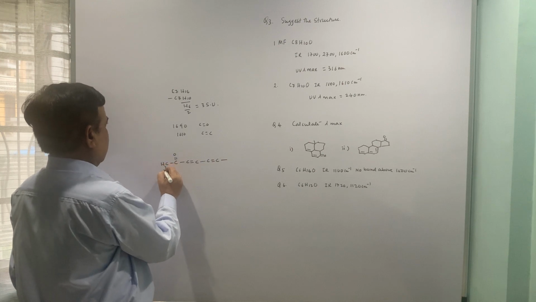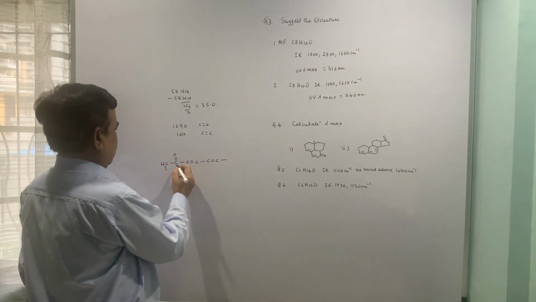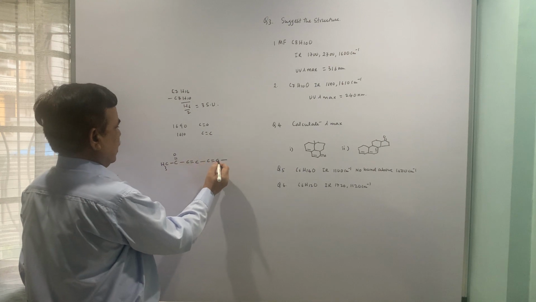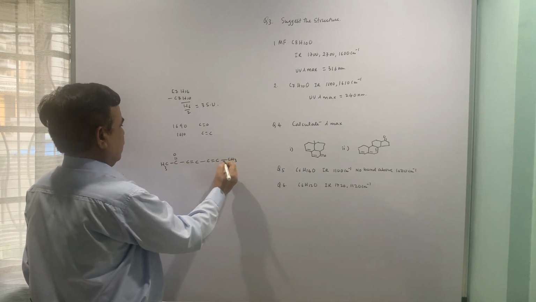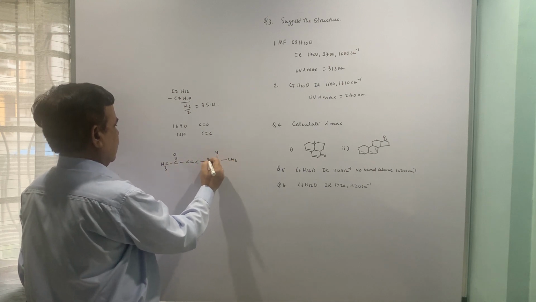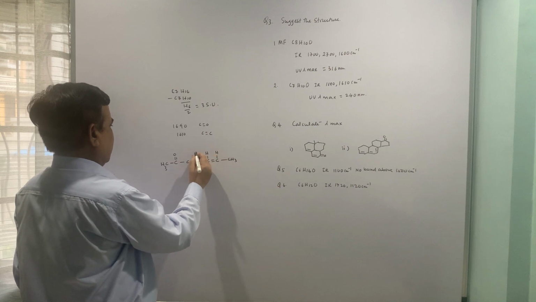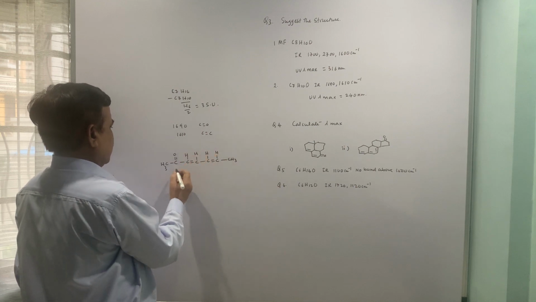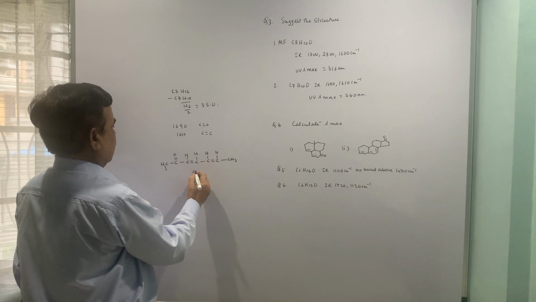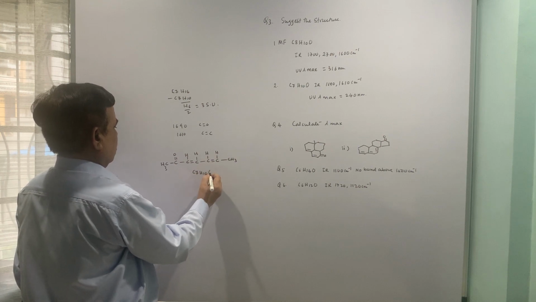Let me put the ketone here. So 1, 2, 3, 4, 5, 6, and let it be 7. Okay, the hydrogen number will match because we are taking care of the sites of unsaturation. 6 and 10, so C7H10O.